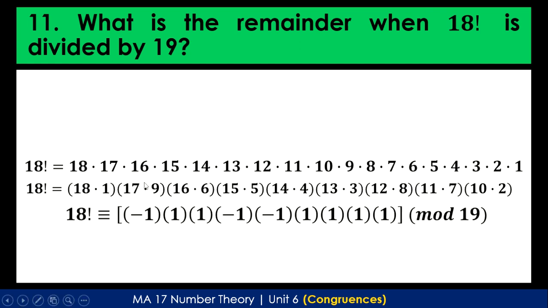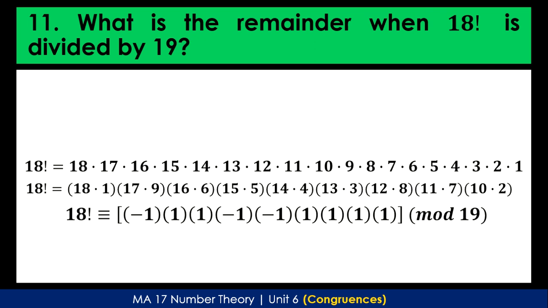So if we continue the process: here we have a remainder of negative 1, 17 times 9 we have 1, 16 times 6 we have 1, 15 times 5 we have negative 1, 14 times 4 is negative 1, 13 times 3 is 1. 13 times 3 is 39, divided by 19 gives 1. Then 12 times 8, 11 times 7, and 10 times 2 still have a remainder of 1.